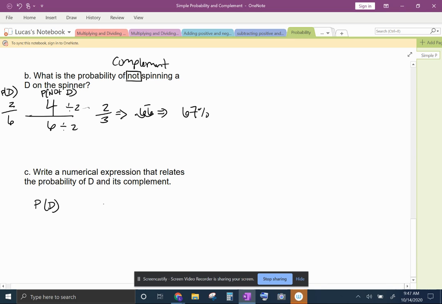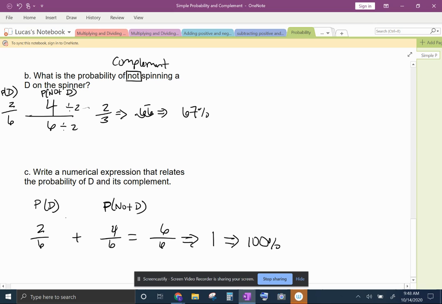So this is the probability of D, and its complement is the probability of not D. So complement means that they complete each other. And so this will be 2/6, and this will be 4/6. And if I add those together, this will give me 6/6, which is equal to 1, which is equal to 100% chance that we'll get either one of these.